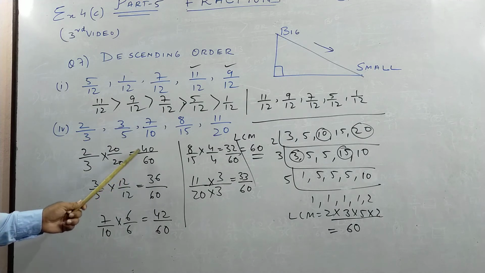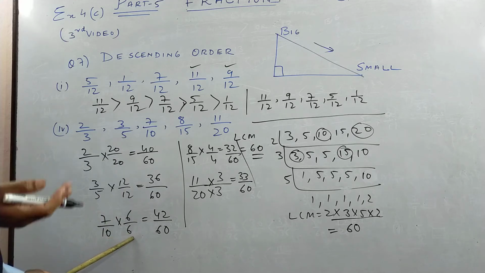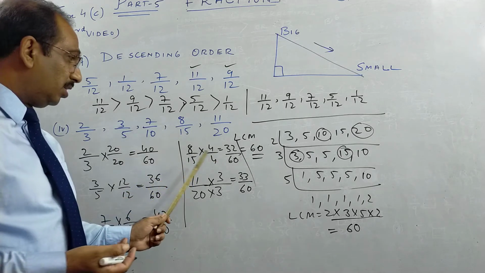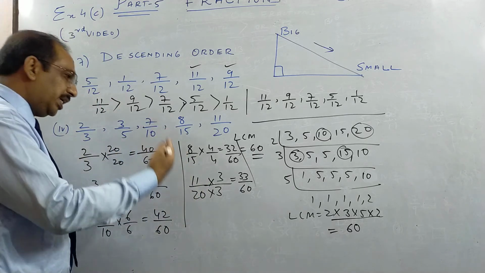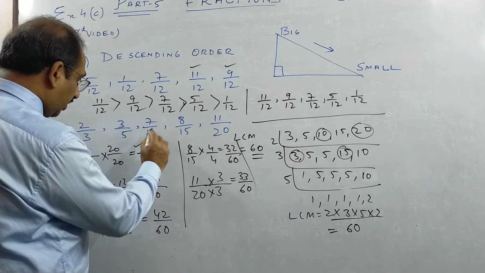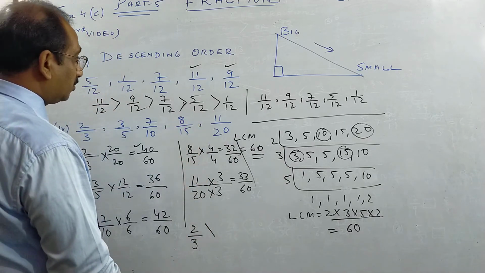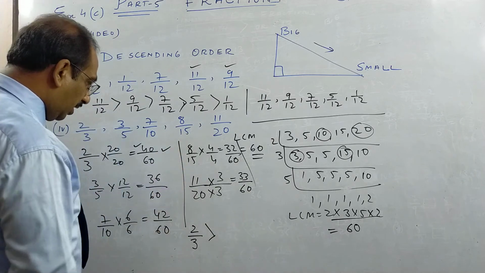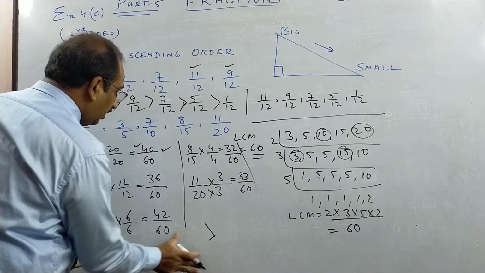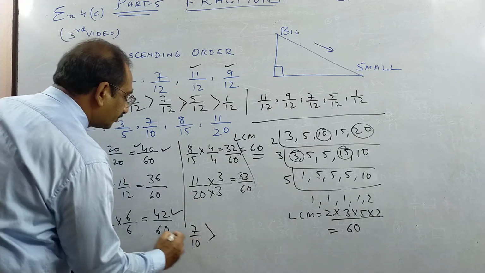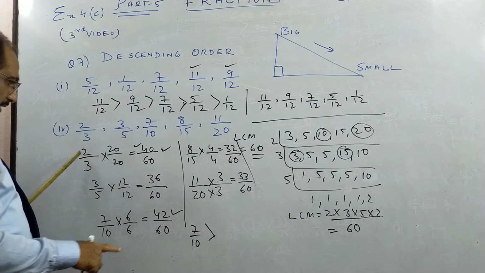So check once more. Here I get denominator 60, numerator 40. Denominator 60, numerator 36. First you see the denominator, because like fractions have the same denominator. Now descending means big to small. So now what we have done, children, the denominator remaining same, we take the biggest numerator. 40, no, this is bigger, 42 is bigger. So the first fraction will be my 7 by 10. Then your 40 by 60, that is 2 by 3.